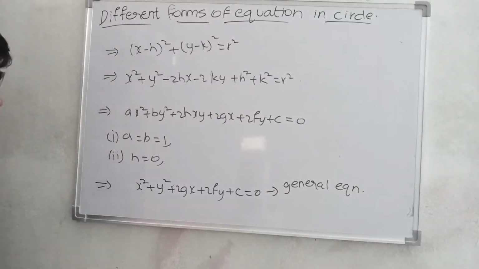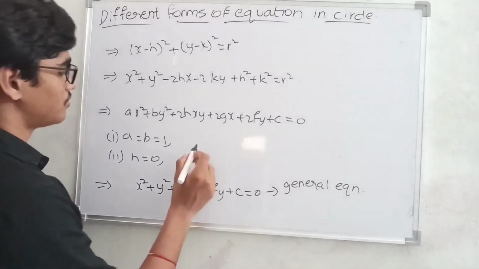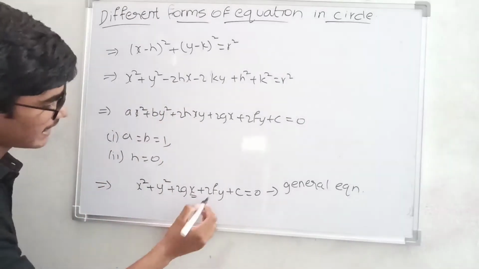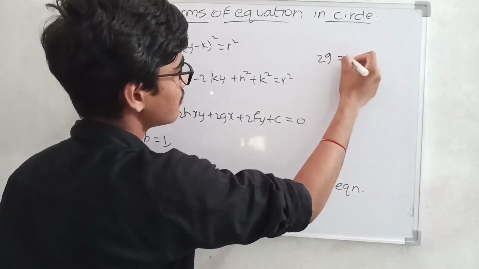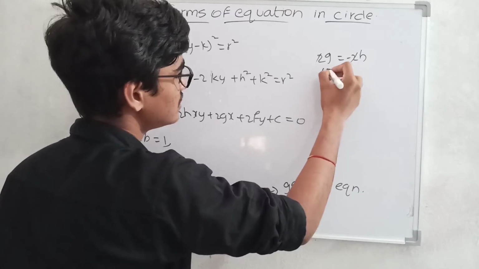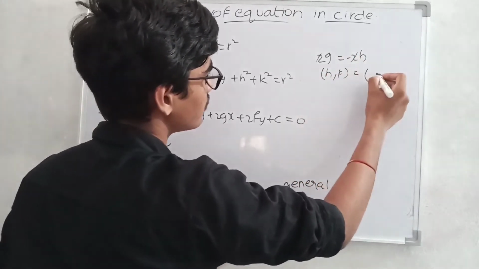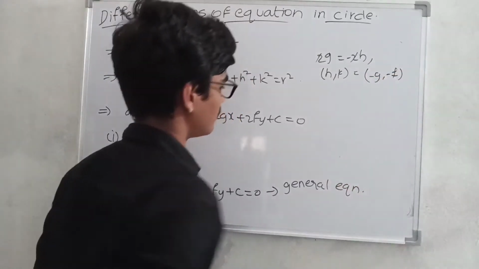In this equation, the center is found by comparing both equations. Comparing x coefficients, we get 2g is equal to minus 2h. So we can write h comma k equal to minus g comma minus f.